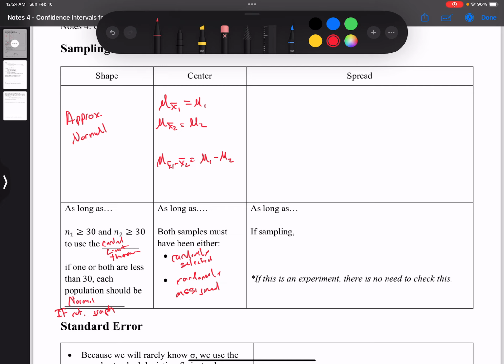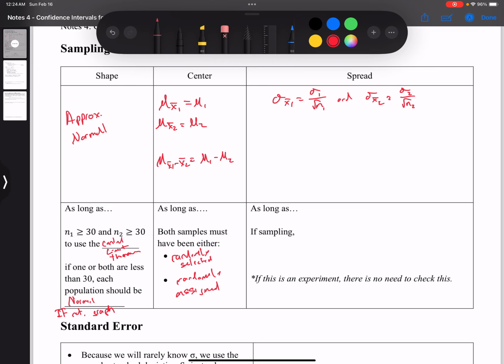Then spread is the most complicated looking one. Remember, the standard deviation of x bar 1 will be equal to standard deviation 1 over the square root of n1, and the standard deviation of x bar 2 will be standard deviation 2 over the square root of n2.